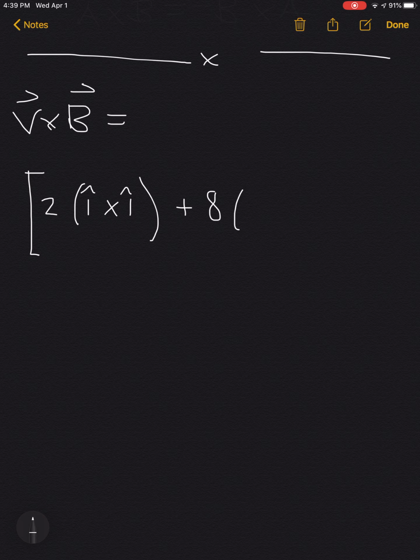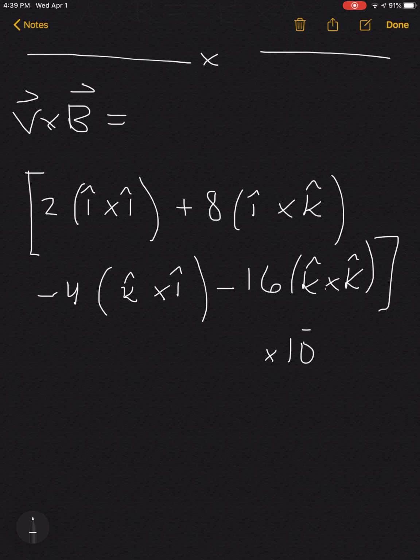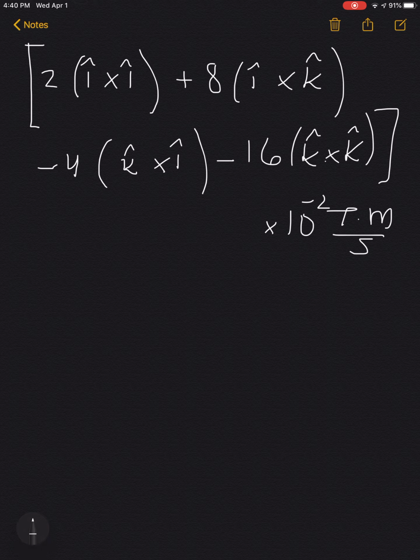But this time you're getting an I cross K. Next, you're doing the inside pieces, so this is going to be minus 4K cross I, and then finally minus 16K cross K. And this is all times 10 to the minus 2 Tesla meters per second. So now let's simplify this a little bit.